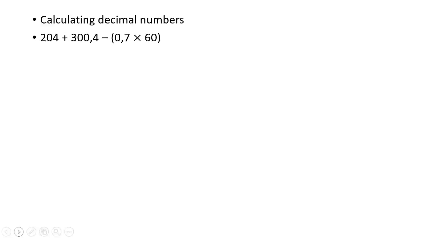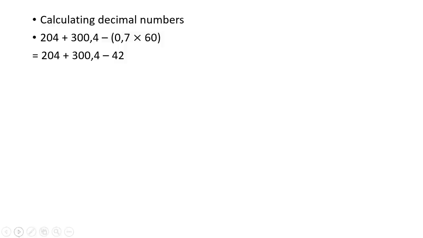Now let's look at calculating decimal numbers. Say, for example, we have 204 plus 300.4 minus 0.7 times 60. The very first thing you need to do is multiply 0.7 times 60. When you multiply those two, you get 42.